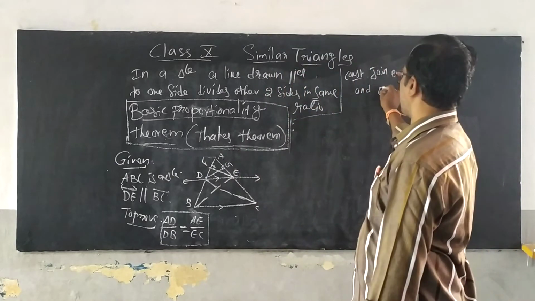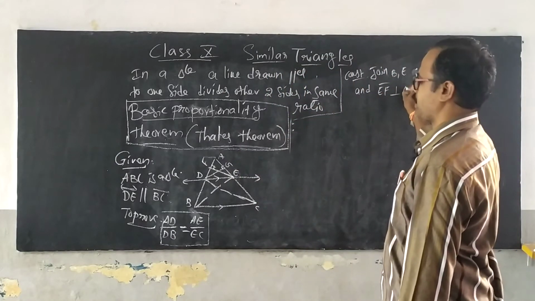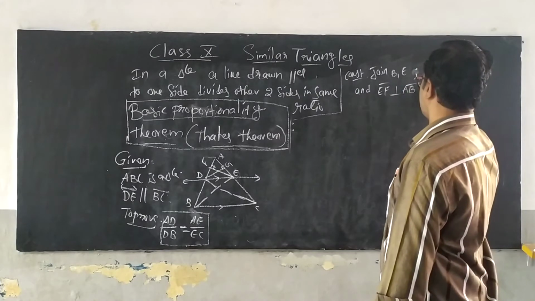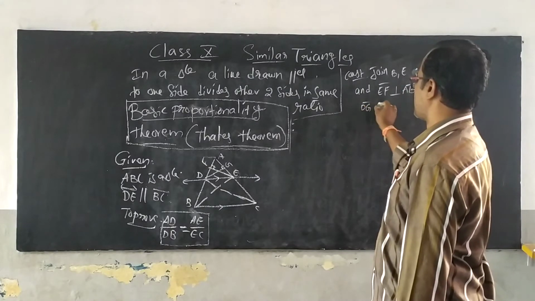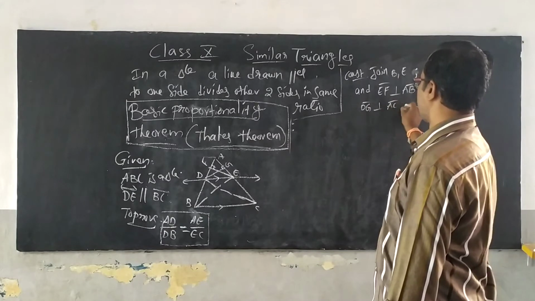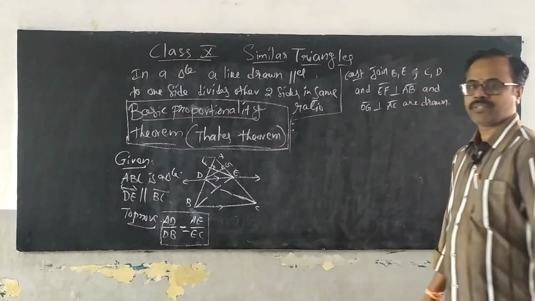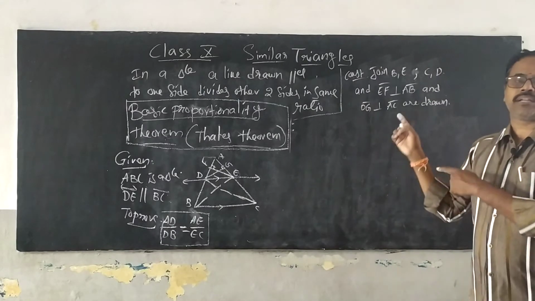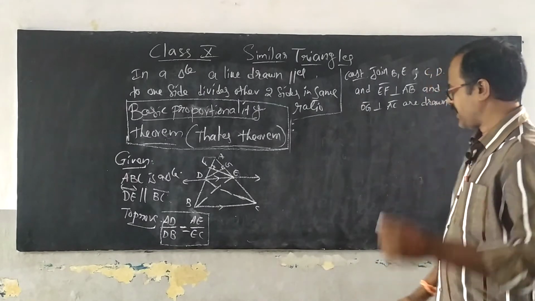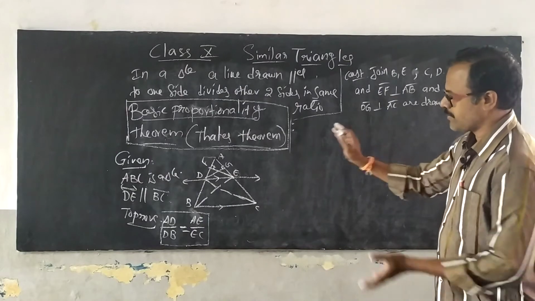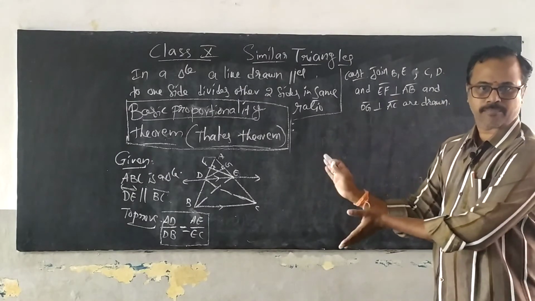EF line segment perpendicular to AB line segment and DG line segment perpendicular to AC line segment are drawn. This is the most important construction. Is it clear? Very good. Now I am entering into the main theorem, the main proof.